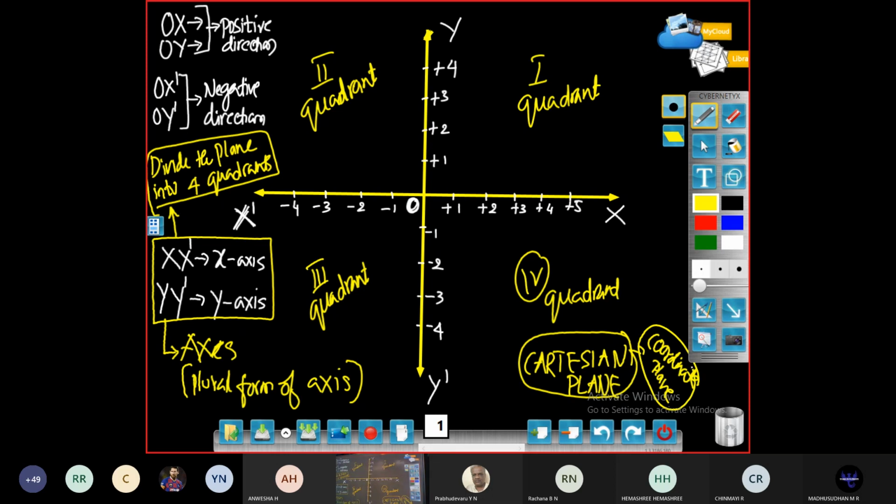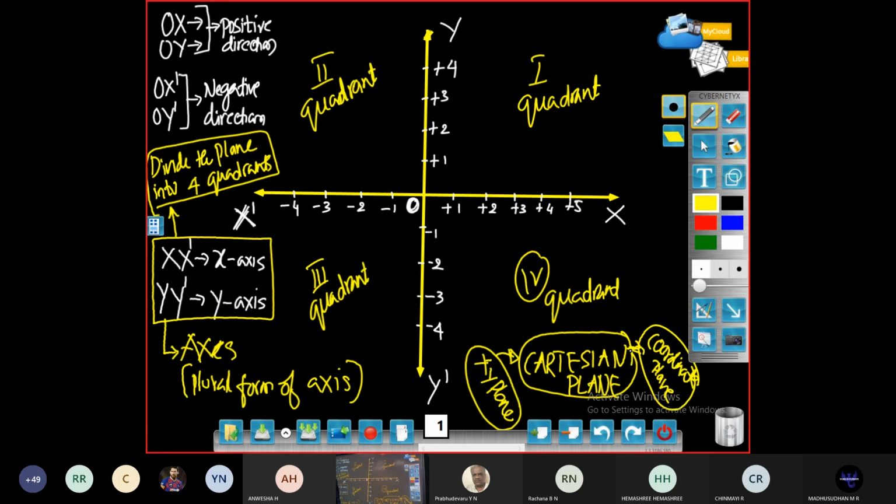Another name is also there. It is called the XY plane. So all these names are one and the same. Cartesian plane is also called the coordinate plane. Cartesian plane is also called the XY plane.